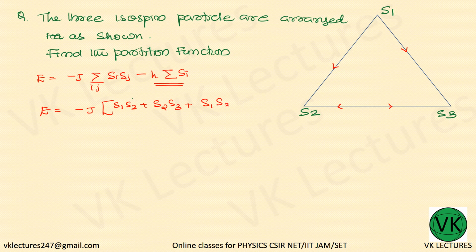So this term is added for the three particle system, and the interaction term minus H into sum remains the same, S1 plus S2 plus S3. This you can continue and find the partition function.